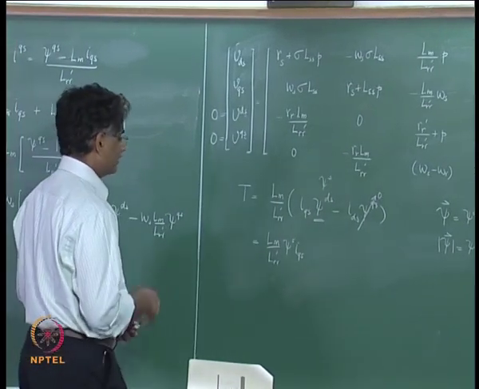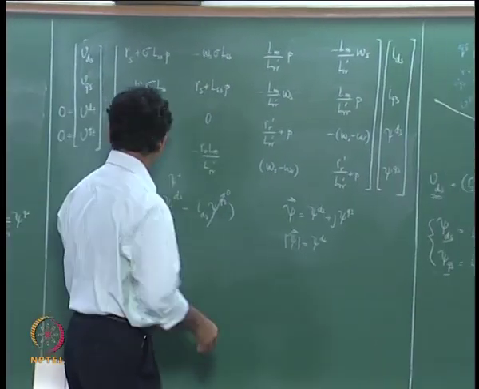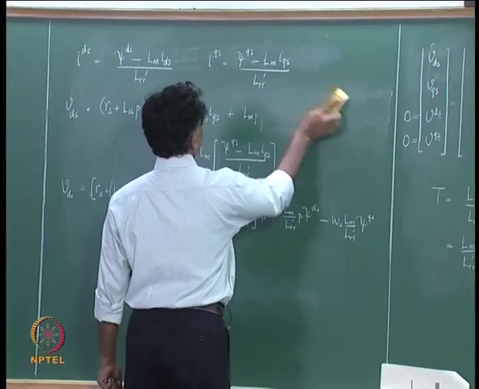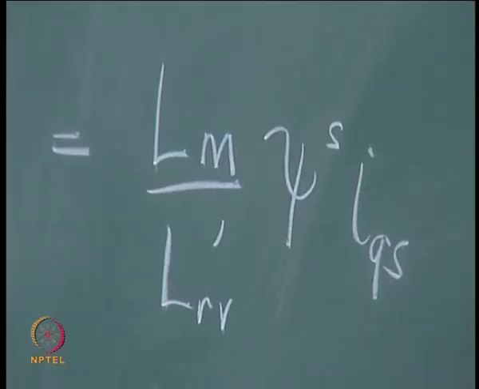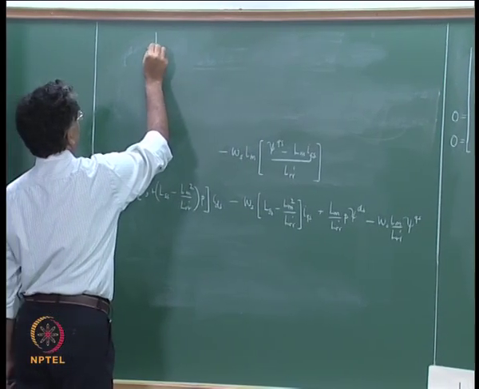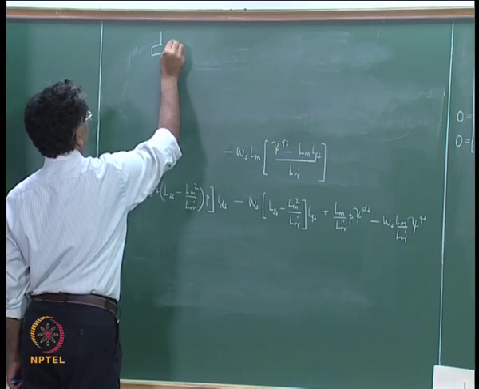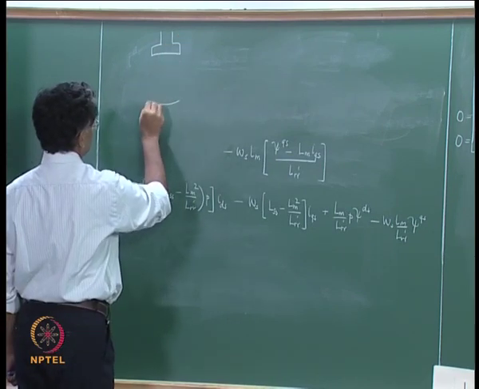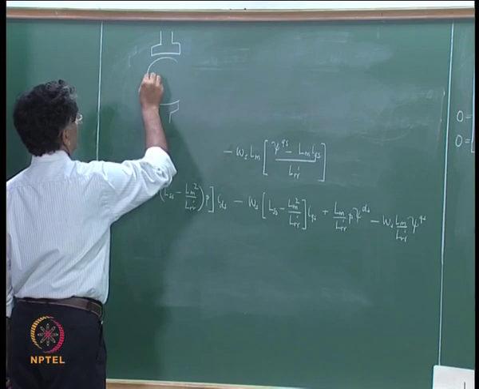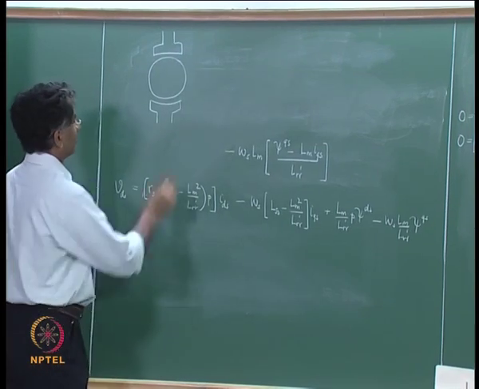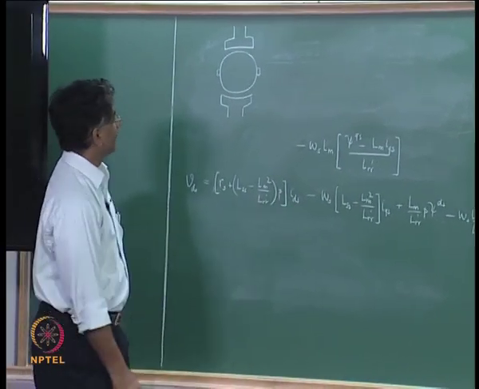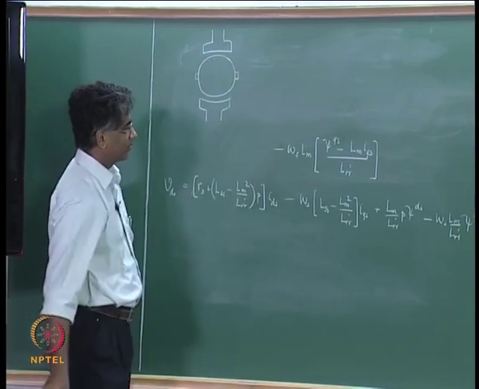If you look at the case of DC machines, let us draw that figure somewhere, maybe I will draw it here. In the case of DC machines, what we have is the field generated by the stator poles is there, and then you have the armature that is going to be rotating, and you place a brush which is in the magnetic neutral axis, and you have the armature conductors that are rotating here.